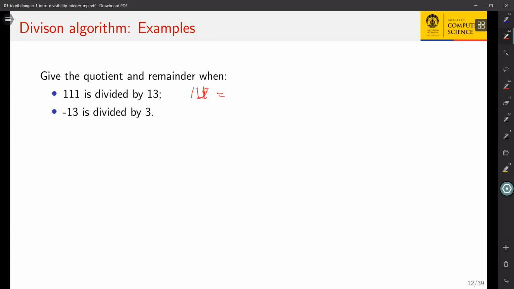What will be 111? 8 times 13 plus 7, sir. So 8 times 13 is 104, and then 7 is the remainder, right? Correct. So therefore, the quotient is 8, sir. Correct. And then the remainder is 7.